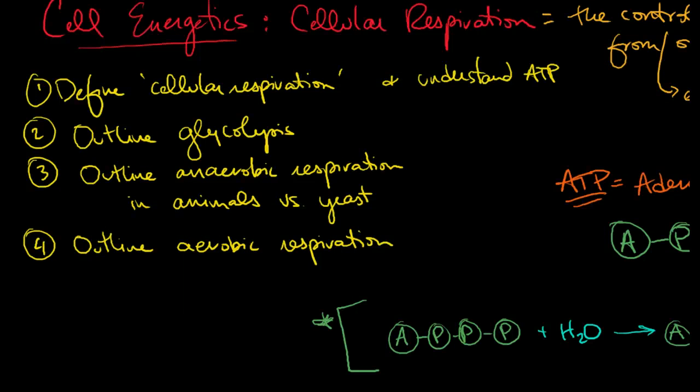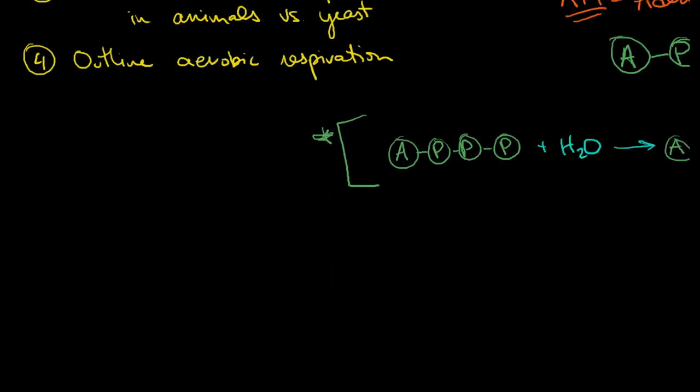Okay, so going back to the targets, actually, I'm not quite ready to move on. I want to talk about what cellular respiration is and give you an equation for it before we talk about aerobic and anaerobic cell respiration.